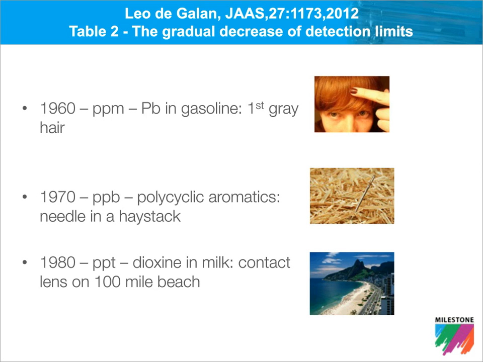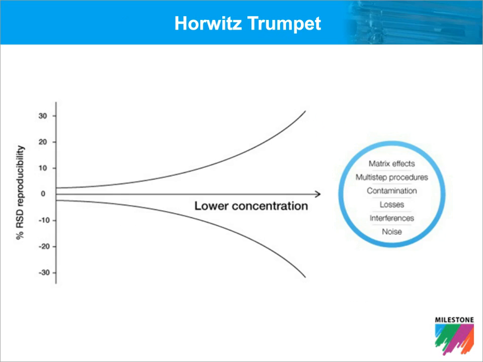Nowadays, we may think about the demands for chemical speciation analysis. However, we know that determination of low concentrations typically presents high standard deviations, and the Horowitz trumpet is a clear representation of difficulties caused by matrix effects, multi-step procedures, contamination, losses, interferences, and noise.